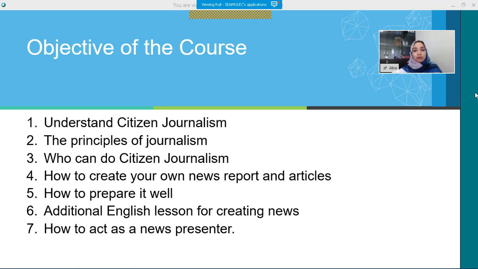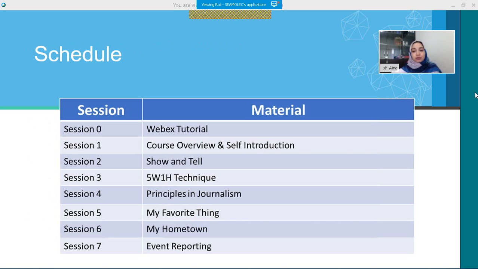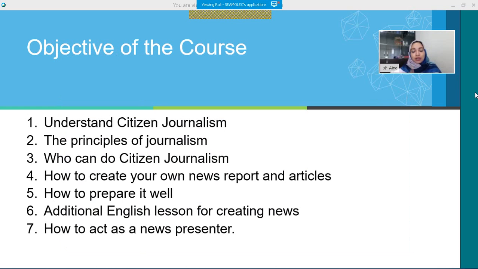We will have like 7 weeks of course. So along the 7 weeks, we will all learn together about how to prepare the news in a good way in English, of course. And then this course will also focus on how to act as a news presenter. So as a news presenter, what will you have to prepare?